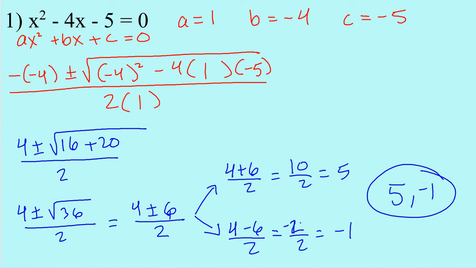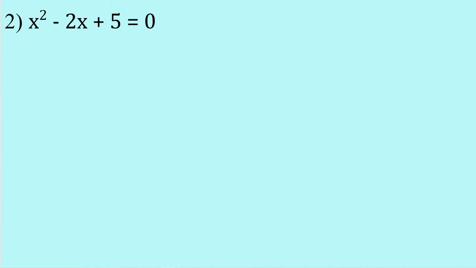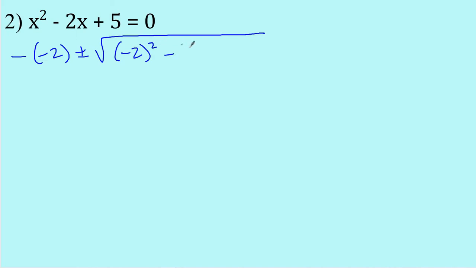So let's do another one. So let's try this one. We have negative b plus or minus the square root of b squared minus 4ac all over 2a.